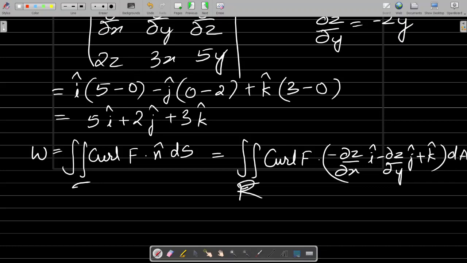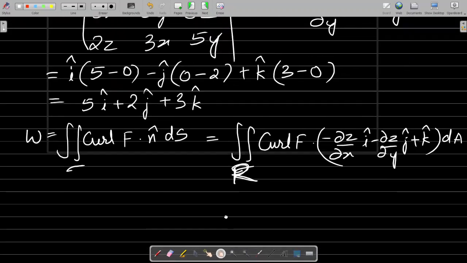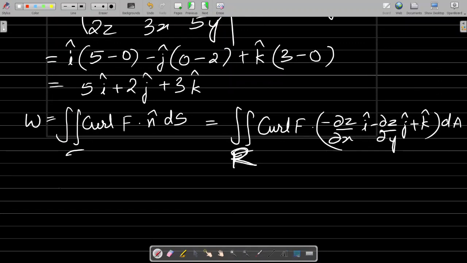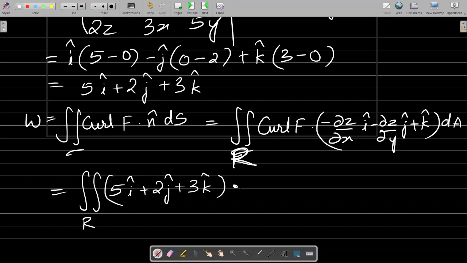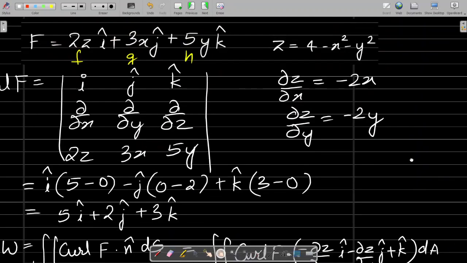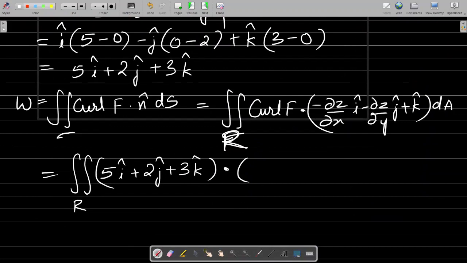Okay, this I can write as the double integral over R, which is the projection onto the xy plane. Now you substitute curl f and all these things, that is equal to the double integral over R. Curl f is 5i plus 2j plus 3k dot product with 2x i plus 2y j plus k, dA.